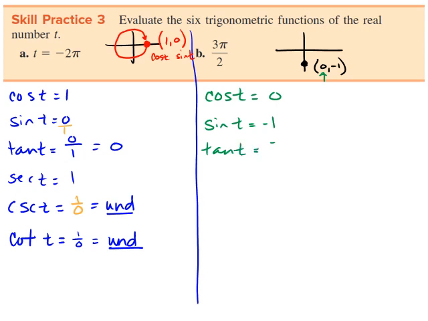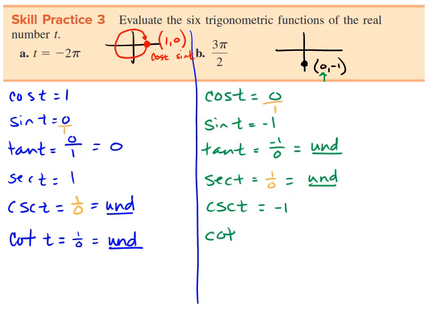Tangent is sine over cosine, which is undefined. Secant is the reciprocal of cosine. I can put cosine over 1. If I flip this, I have 1 over 0, which means secant is also undefined. Cosecant is the reciprocal of sine, which is also negative 1. And then cotangent is 0 over negative 1, which is 0.